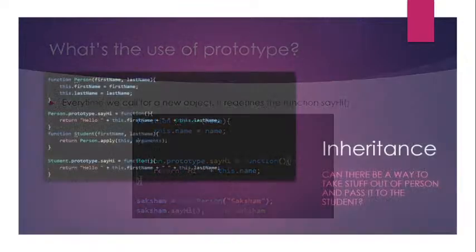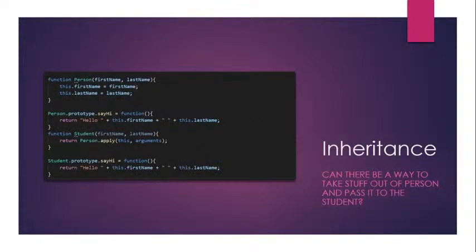Now let's talk about inheritance. In this code example, we have the same Person constructor, and with the prototype property, we are declaring the sayHi method as we did before. Its work is to return hello Suction Aurora.